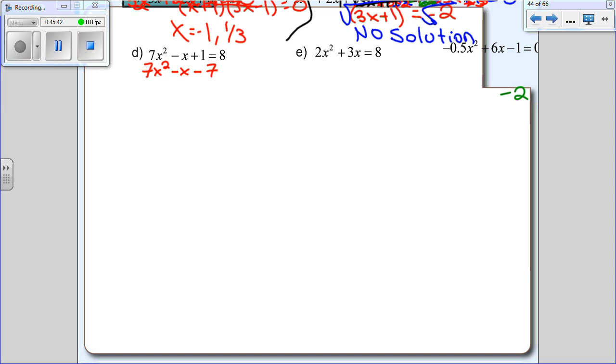So multiply everything by 7. So it's going to create some big numbers. You're going to get 7x squared minus 7x, sorry, I said before. And then minus 49 equals 0. And that's great. You got a perfect square a value. That's fantastic.